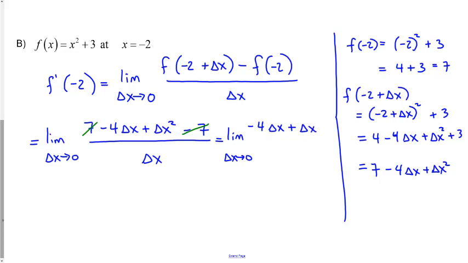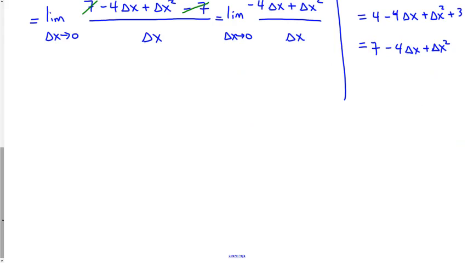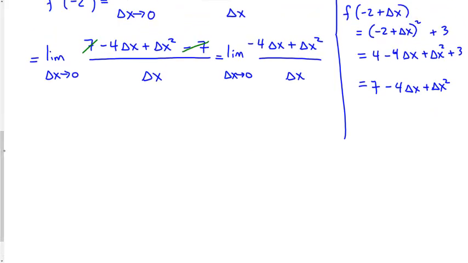This next part I'm going to do in a couple of steps because I want you to see how this works, because I find a lot of calculus students making this mistake. Yes, there are delta x's in the numerator and there is a delta x in the denominator. However, when you divide a polynomial by a monomial, every term in the polynomial has to be divided by that monomial. Another way of thinking about this is in the numerator, you have a common factor of delta x, which you can factor out of those two terms in the numerator.